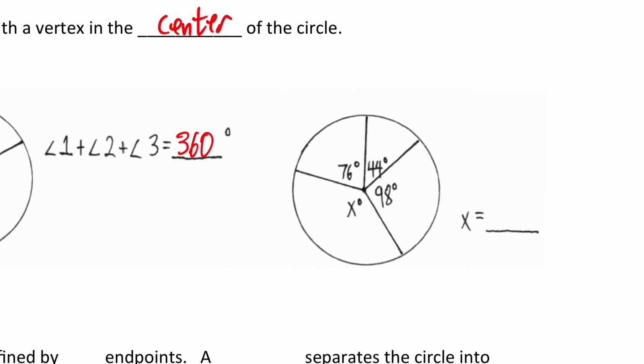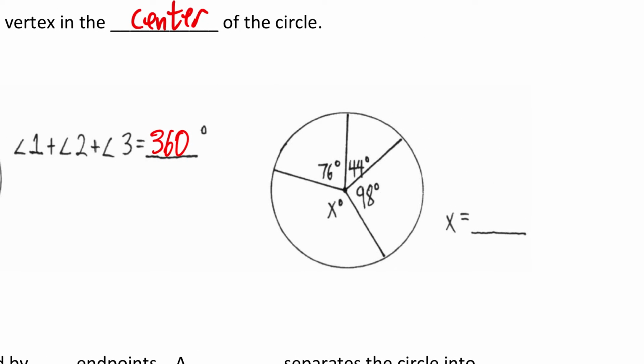In this one there's 4 angles, but those 4 angles are going to add up to 360. So how am I going to find the measurement of this one? Add them all up and subtract from 360. There you go. Or the way I like to do it is 360 minus 76 minus 44 minus 98.